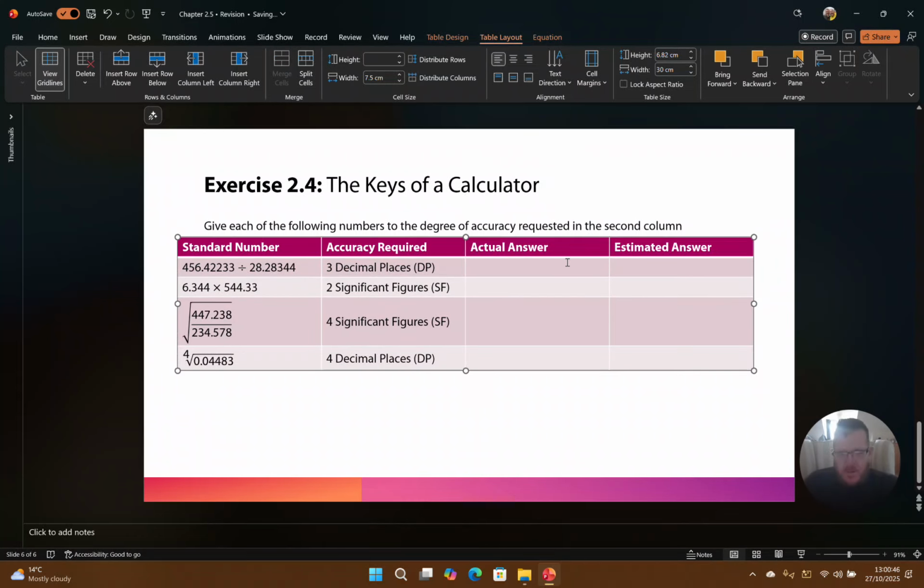There we go. Now you get to see what's going on. So now what we'll do, that's in the middle, that's good. So we'll do 456 times the point, that is 42233 divided by 28,28344. That's what the answer gives you.